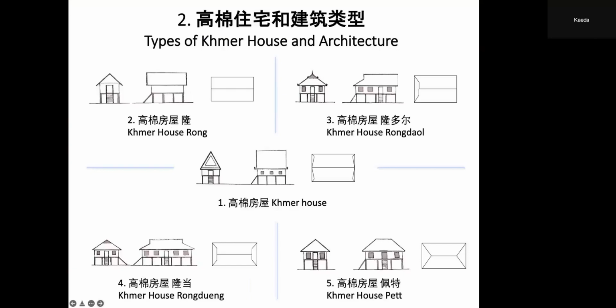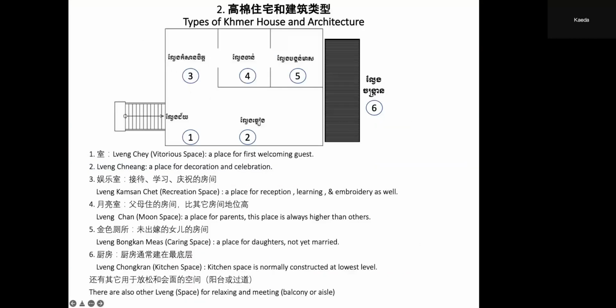In this slide, I'm going to show all of you the typical layout of Khmer design. Up from the stair, we can identify the first space, translated in English as big space. It's a space for first welcoming guests.